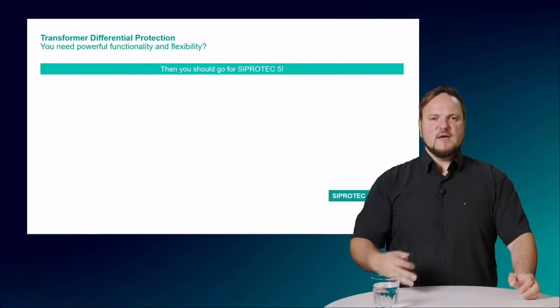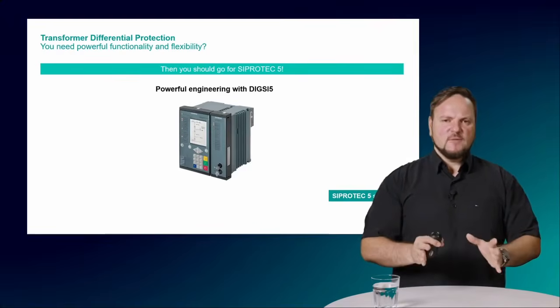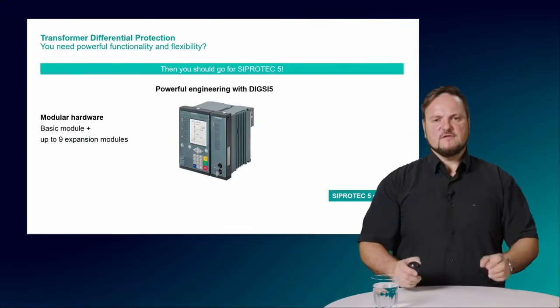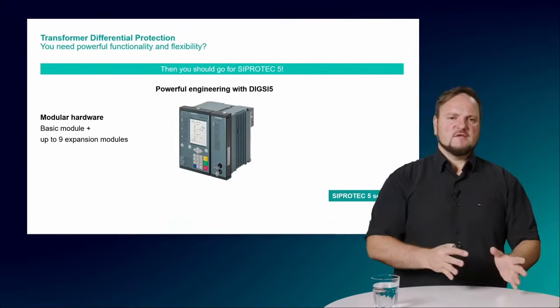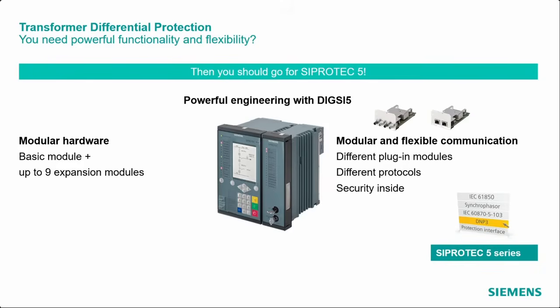So that means we now have a powerful functionality. Our hardware is flexible, as well as the software. You can extend the hardware, the basic module, with up to 9 expansion modules, also in the second row. The modularity in terms of communication flexibility is also given.